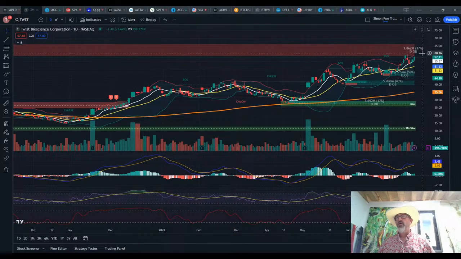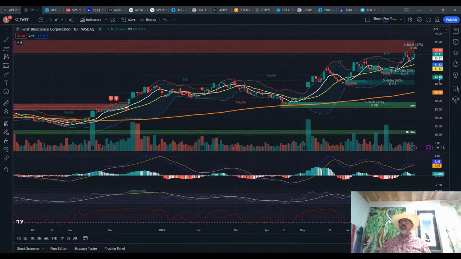Okay, but I'm above the 9, above the 20. My MACD's positive and the histogram is moving higher over time. RSI is positive, slow stochastic has a little bit of a turn today, but I want to see a move into this resistance area, and I want to see a move through it.